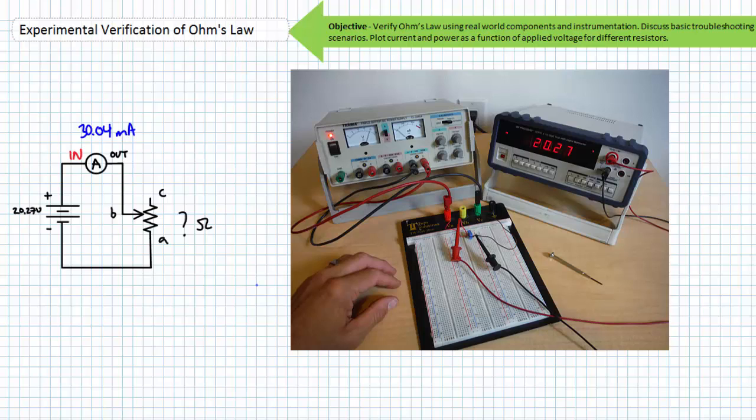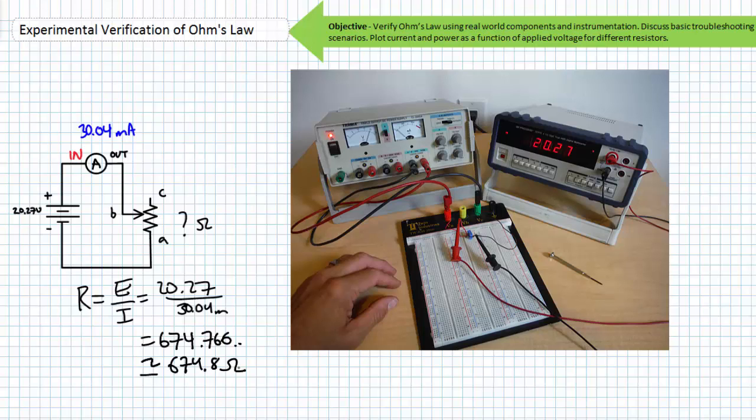Now, let's just put some numbers in there. What's the resistance that draws 30 milliamperes of current with approximately 20.3 volts across it? Ohm's law states that resistance is equal to voltage divided by current. 20.27 volts divided by 30.04 milliamperes yields approximately 674.8 ohms of resistance.